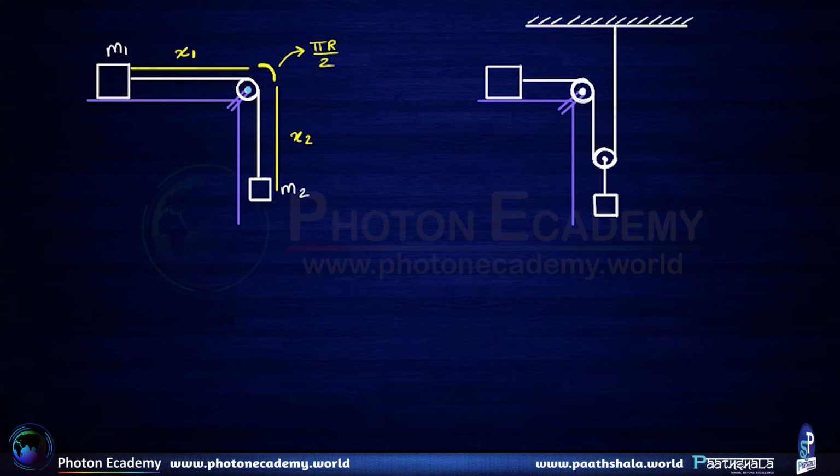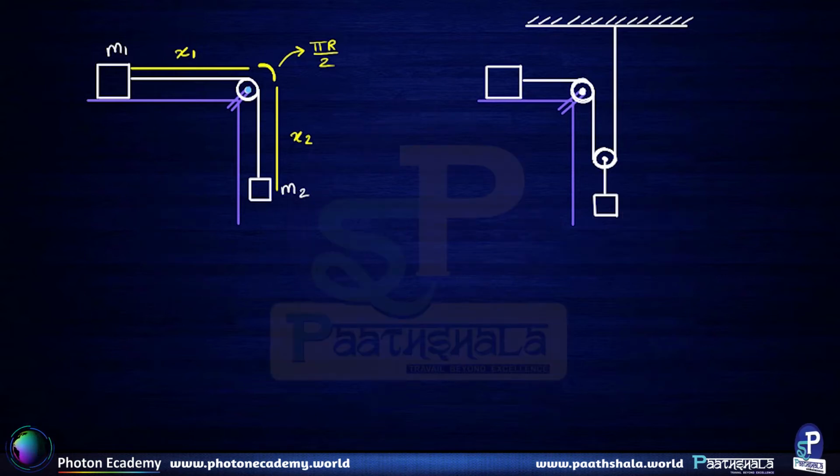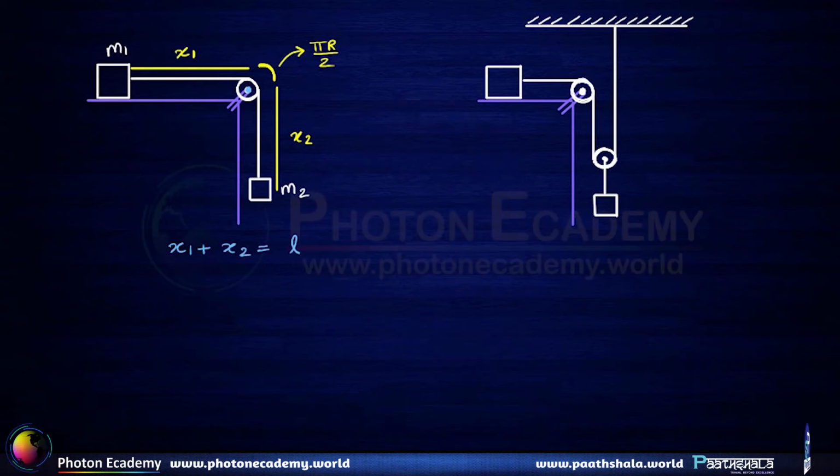Whenever we differentiate, we get the derivative to be equal to 0. So the length of the string can be written over here as x1 plus, ignoring pi r by 2, x2. This is equal to the length of the string.